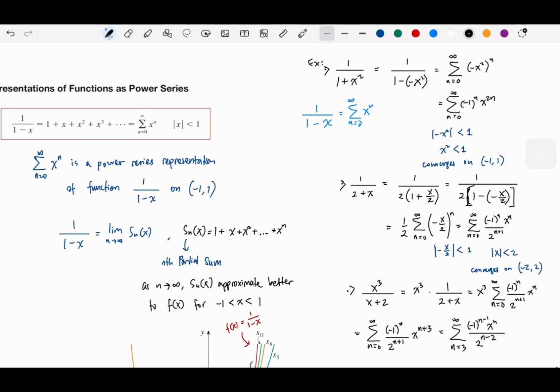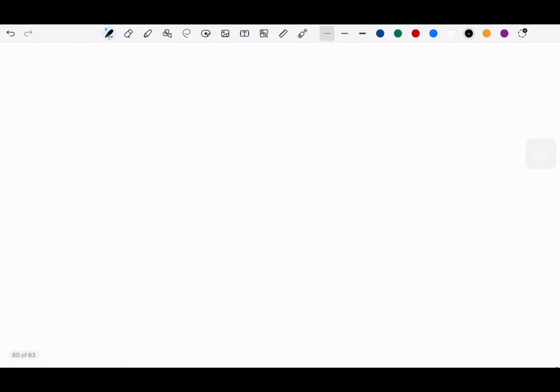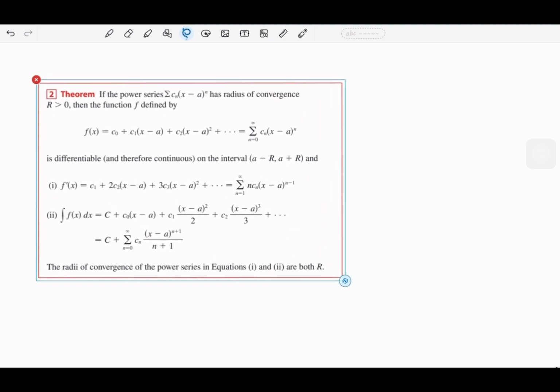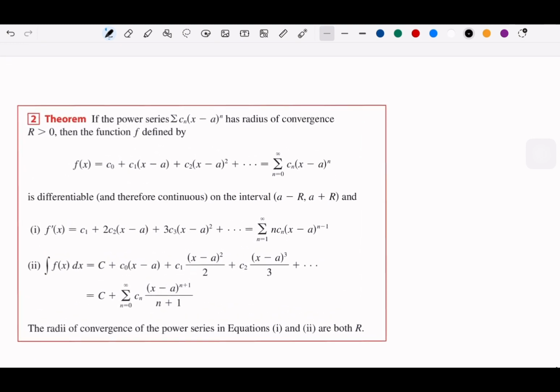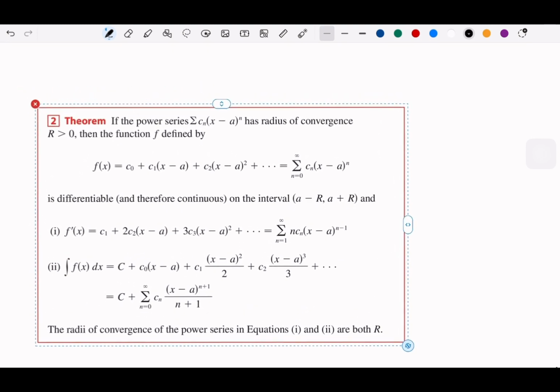Okay, so let me take another page. So the second theorem for the power series is basically related to derivative and integration.